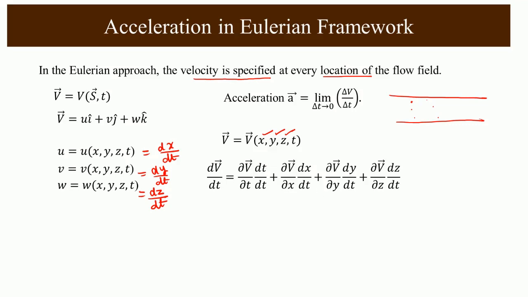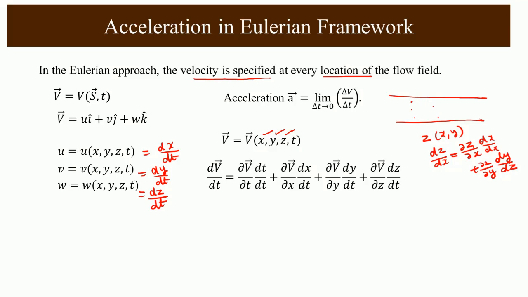Like this, if z is a function of x and y, then what is dz by dx? It would be dou z by dou x into dx by dx plus dou z by dou y into dy by dx.